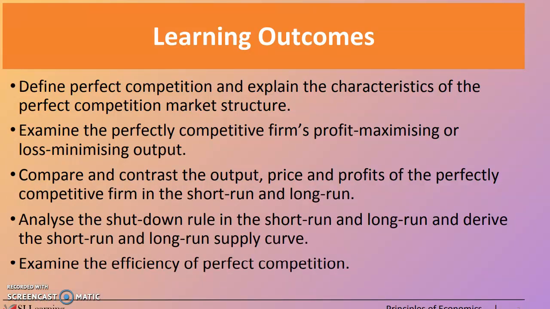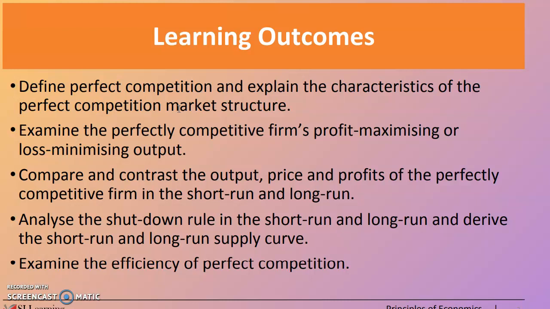We cannot deny that the firm's goals are to minimize cost and maximize profit. It is its main objective. So let us define what a perfect competition is and explain its characteristics.